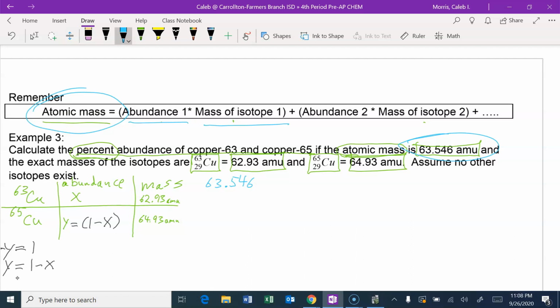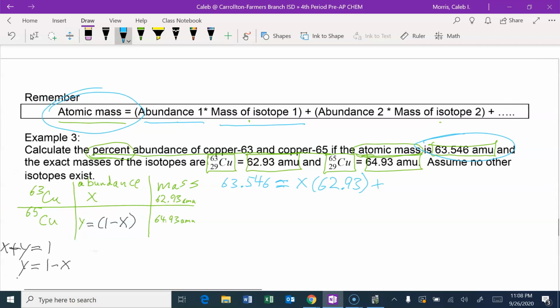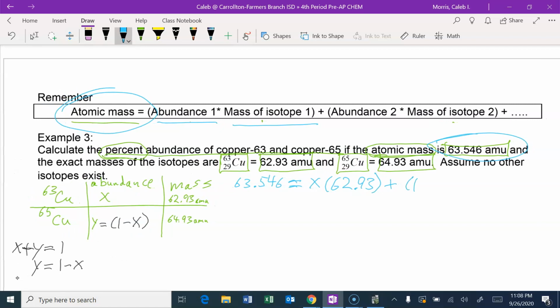Well, abundance 1, the abundance of copper 63, is X. So X times the mass, 62.93, plus the second abundance, which was Y, but we called it 1 minus X, times the mass of copper 65, which is 64.93. So that's the formula. I know the atomic mass. My unknowns are X and 1 minus X.